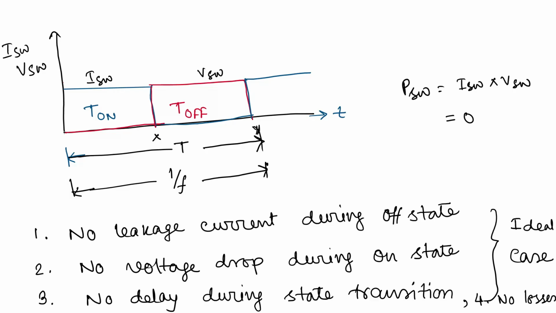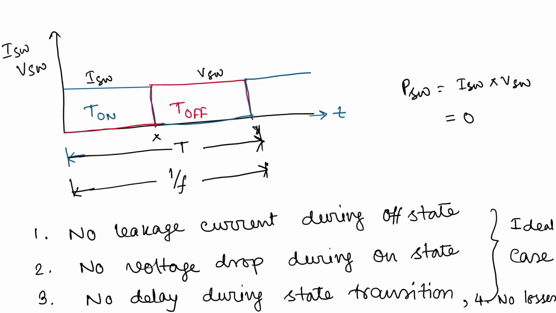What conclusions can we draw from the ideal case? No leakage current during the off state, meaning that during the T off time period no leakage current can flow through it. No voltage drop during the on state, so when it is on there is no voltage drop across it.